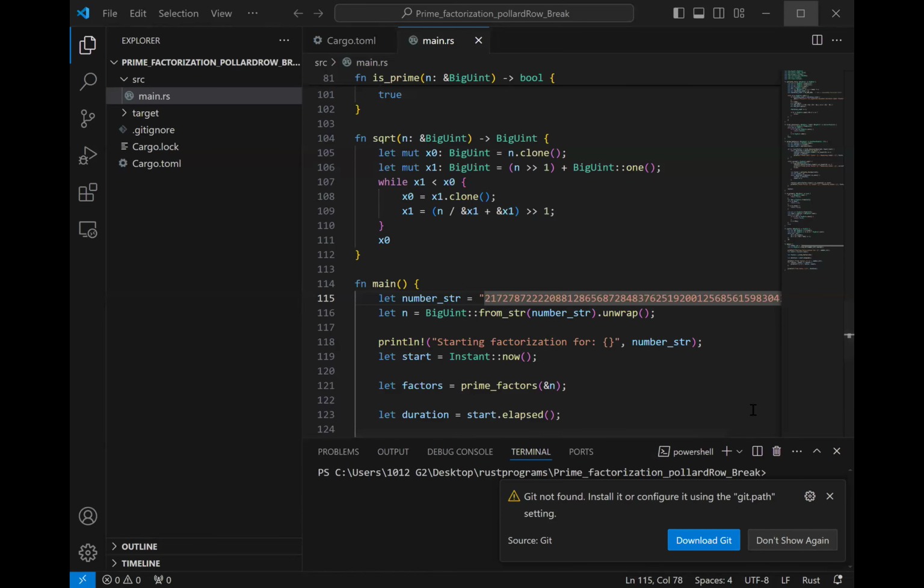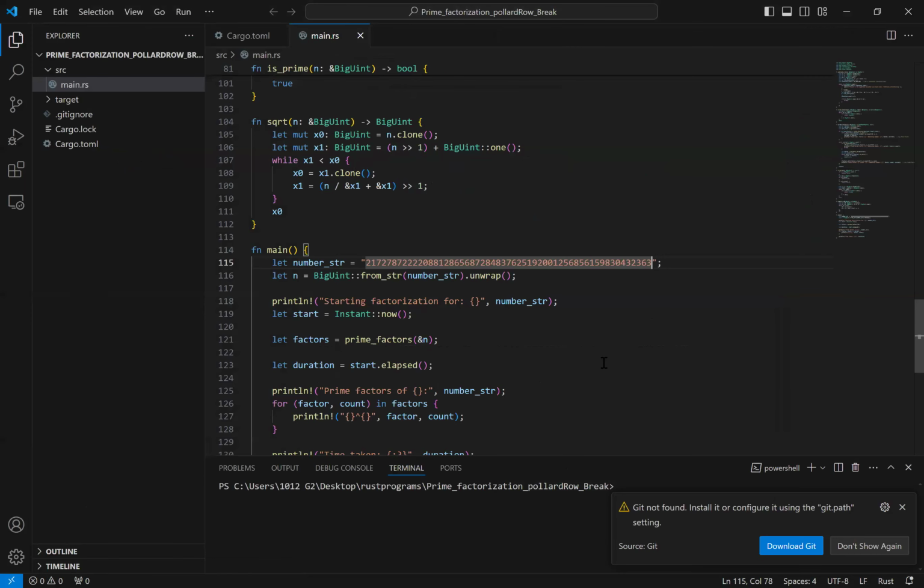It's not this one. Okay, there it is. Can you see it? Yes, I can see it.